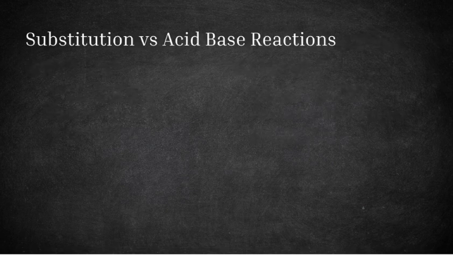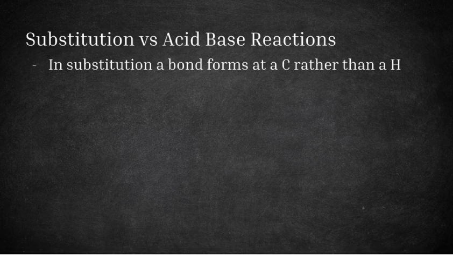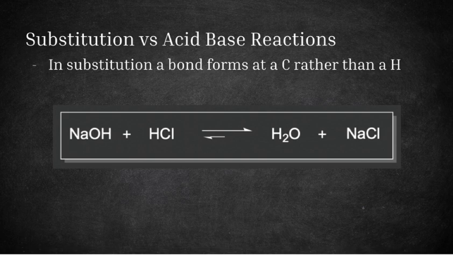Substitution reactions resemble Brønsted-Lowry acid-base reactions, except that a bond forms and breaks at a carbon atom instead of a proton. Recall that the four components of a Brønsted-Lowry acid-base reaction are the acid, base, conjugate acid, and conjugate base. In these reactions, the electron-rich base donates electron density to the proton in the acid, generating the corresponding conjugate acid and conjugate base.